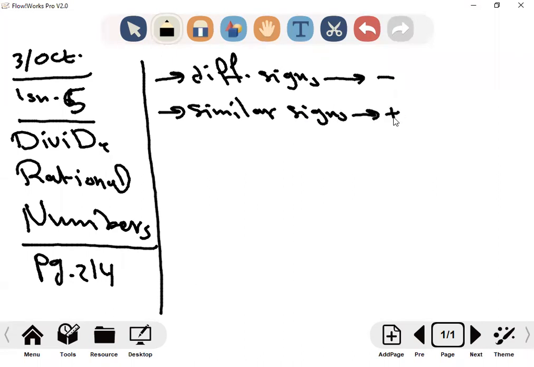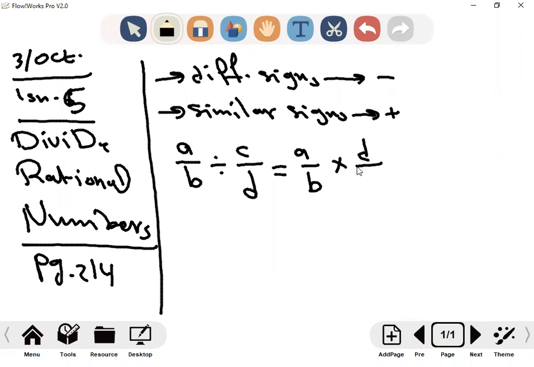And how to divide two fractions? If you have A over B divided by C over D, the first fraction you keep it, A over B, the division turn it to multiplication, then do the reciprocal of C over D, it will be D over C, then do normal multiplication. Okay, so we stop on check of example 2.